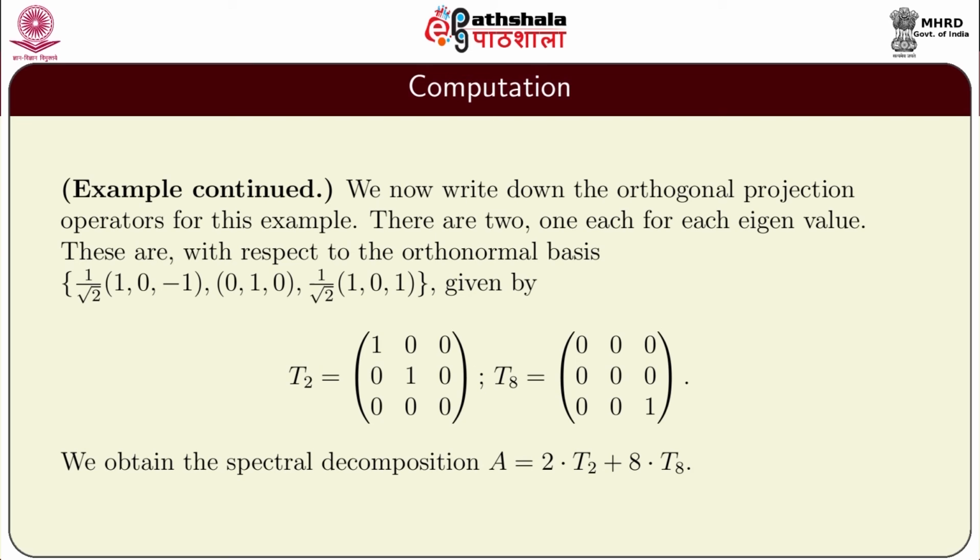T2 is the one corresponding to the eigenvalue 2, and that is the 3 cross 3 matrix whose first row is 1, 0, 0, second row 0, 1, 0, third row 0, 0, 0, and T8 is this 3 cross 3 matrix where the first 2 rows are the 0 rows and the third row is 0, 0, 1. Therefore, the spectral decomposition that we get is 2 times T2 plus 8 times T8.